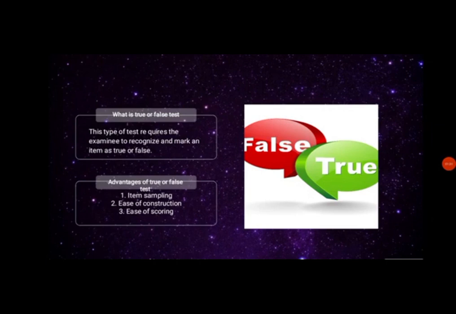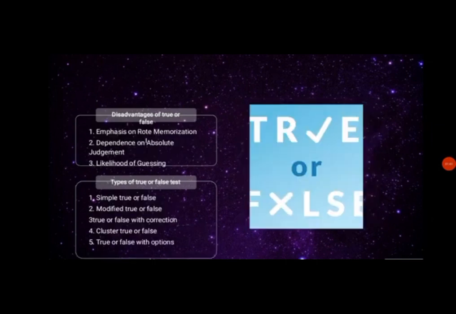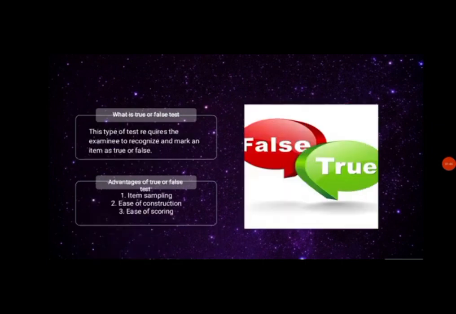First is the item sampling. Second is ease of construction. Third is ease of scoring. So, ano ang item sampling? Ang item sampling, true or false test items and answer tends to be short.